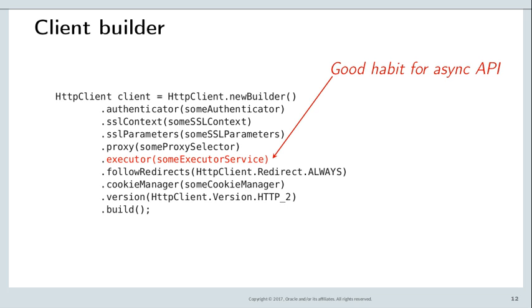And another word about our client. The client has a lot of parameters. We could build it, specifying versions, cookies, proxies, et cetera. And because it's an asynchronous client, it is able to work asynchronously with your code. We definitely should have the ability to specify some executor service, some place where all asynchronous functionality will be executed.